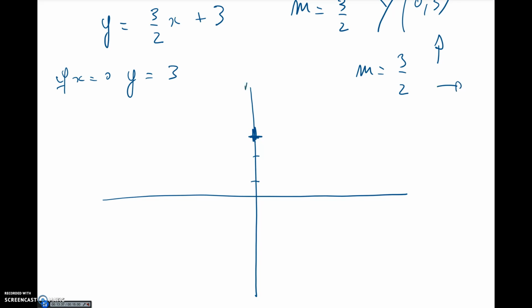From the y-intercept 0, 3, you go up 3, then 2 to the right. You get your second point, and with a second point, you can graph your line. You good?